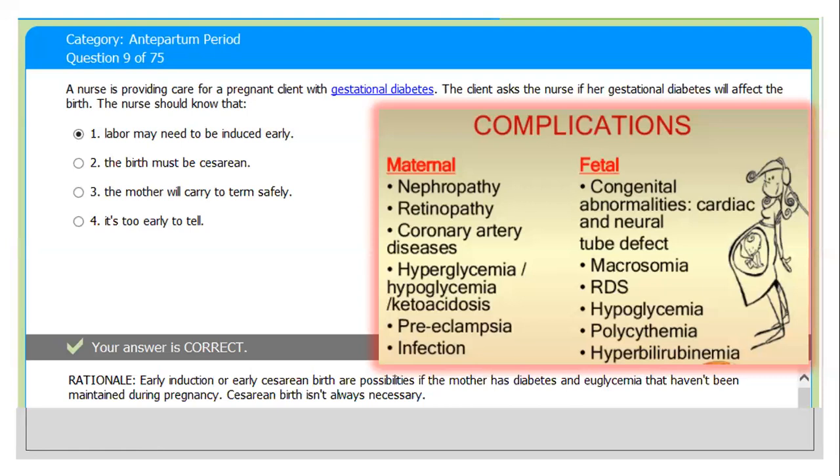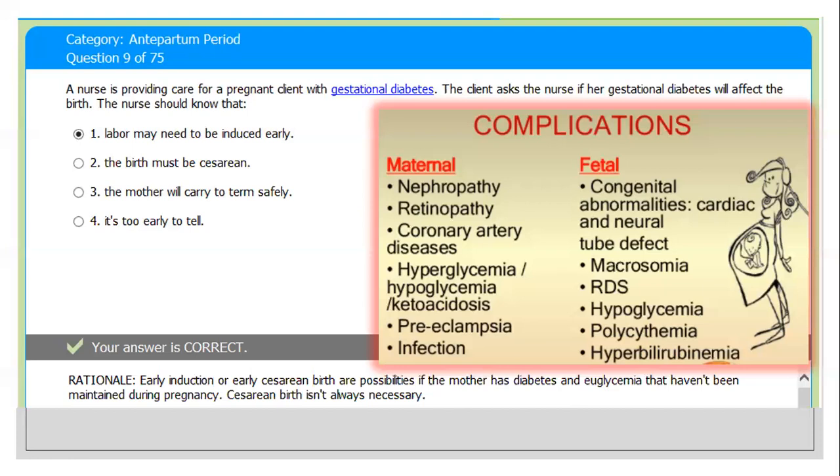So various factors might be responsible for this condition. Hormonal change during pregnancy plays a major role. Overweight before pregnancy may also cause gestational diabetes.